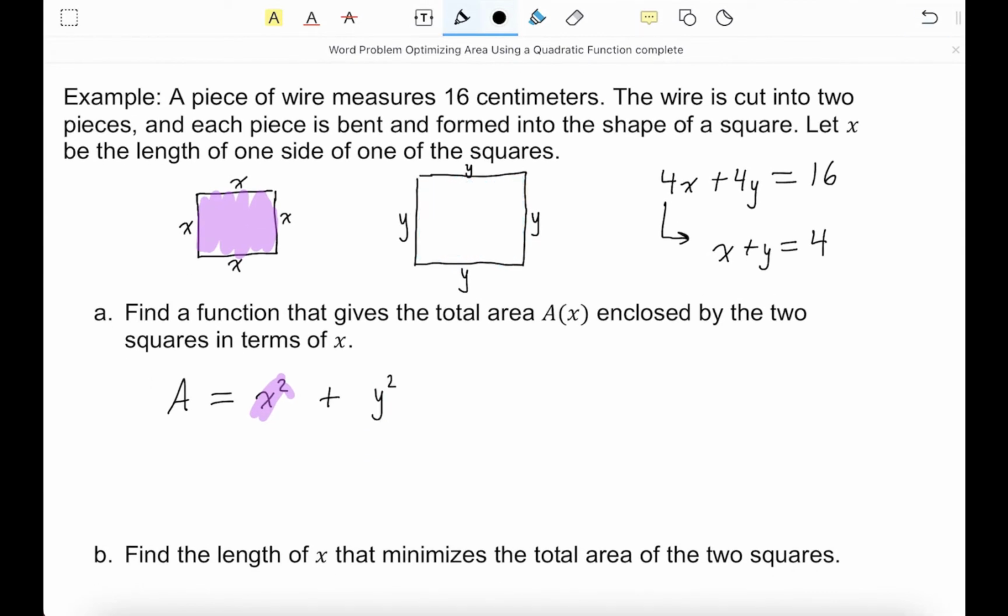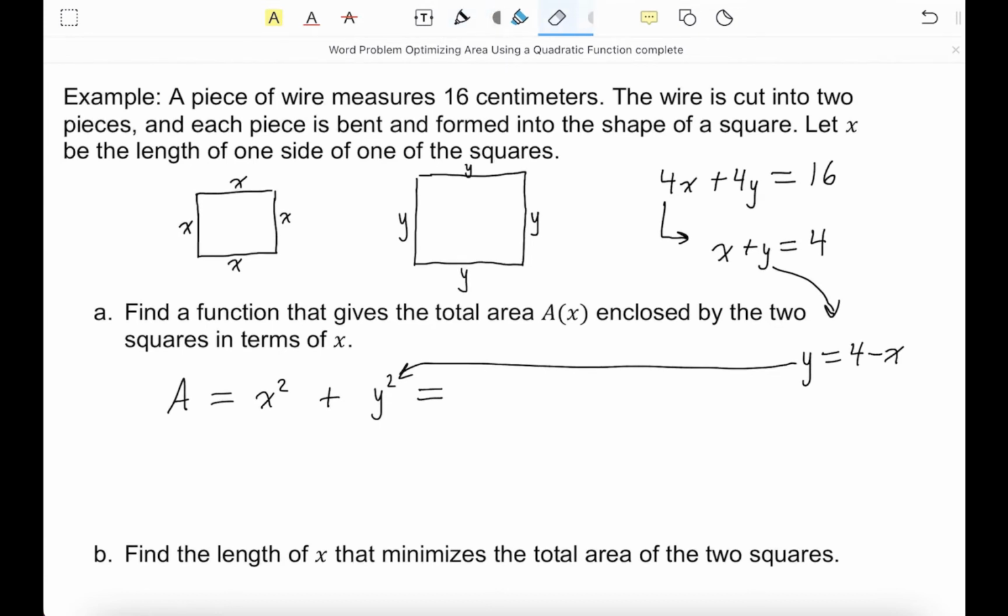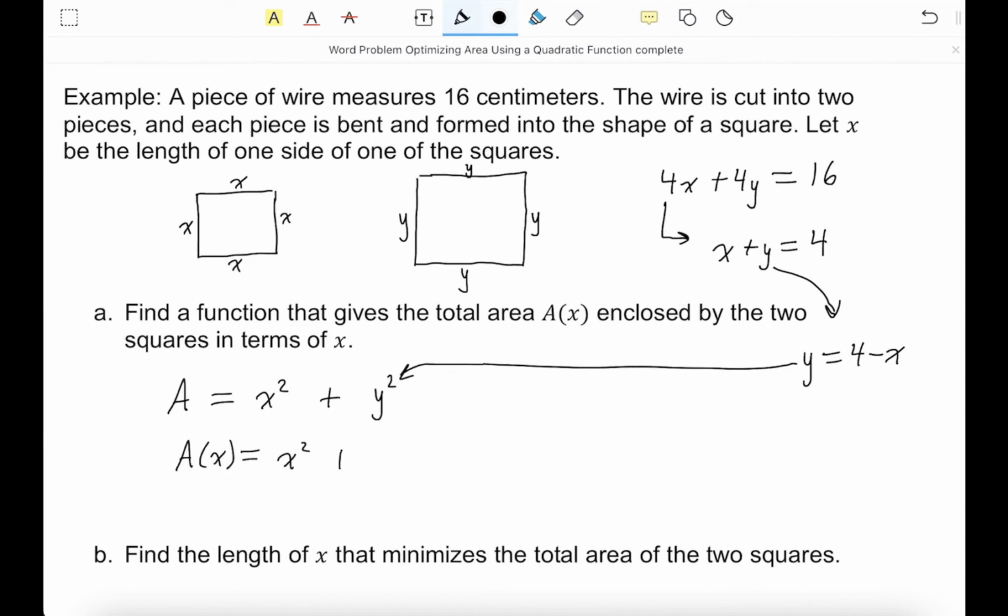And so we will substitute using this equation here. I'll say y equals 4 minus x, and I'll substitute y into there. This will give me a function of x, A(x) equals x squared plus (4 minus x) the whole thing squared.